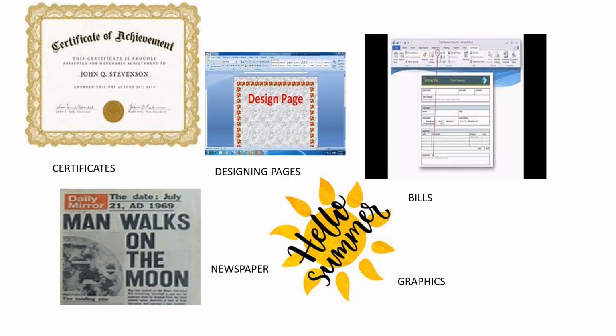Uses of MS Word is to produce letters, reports, certificates, designing pages, bills, newspaper, etc. We can insert graphics and make use of various drawing tools to draw pictures in MS Word.